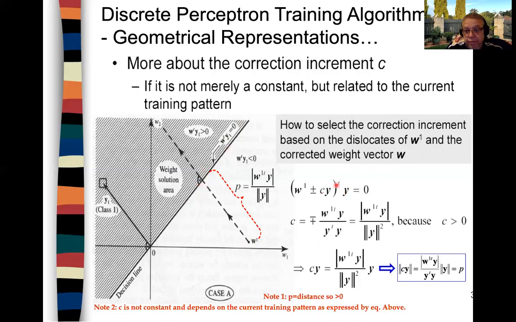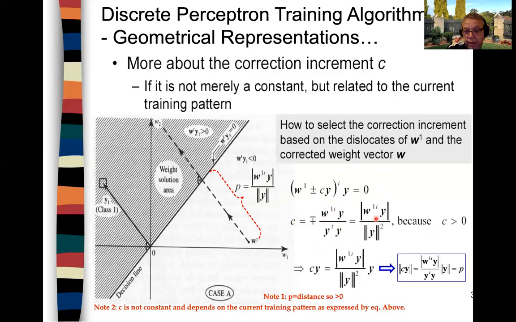And from here, I can expand this relationship. So it'd be W1 transpose plus C Y transpose times Y. And then I multiply, so I can find that my C is equal to minus plus W1 transpose Y divided by Y transpose Y, and this is the L2 norm of Y. And then because C is positive, I can take the absolute value.